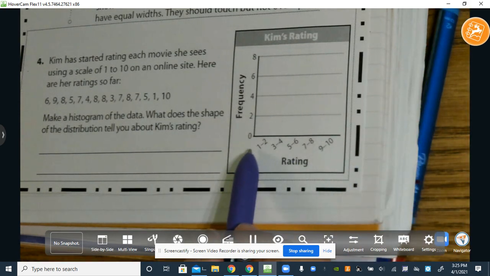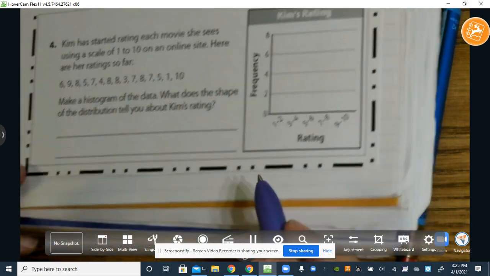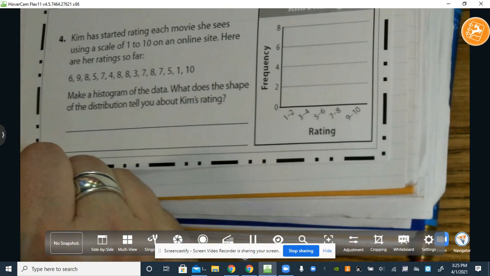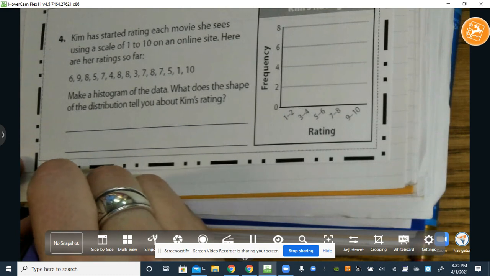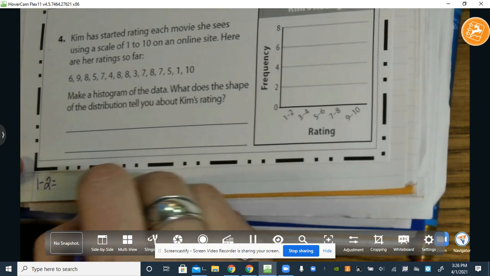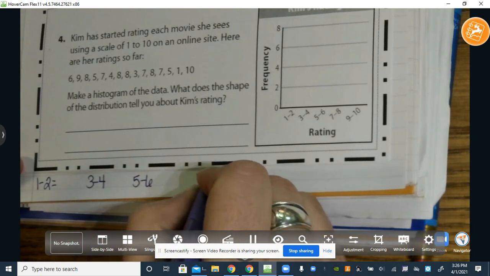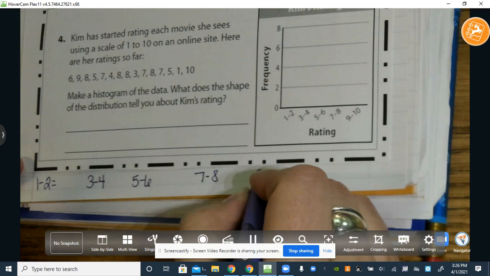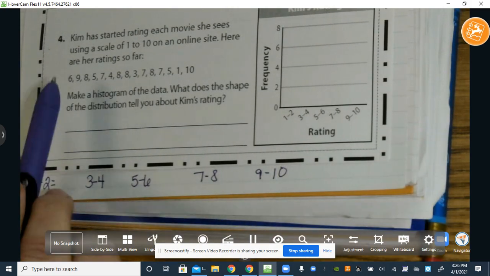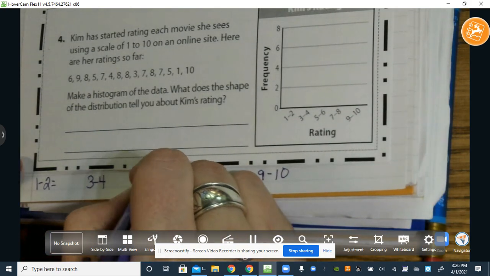Okay, so what I'm going to do is take these ranges and write them down here at the bottom of my paper. And I'm going to do some tally marks. So I'm using this range to kind of give me a number so I don't have to count. It was easier for us to do it like this. Then I'm going to look at my data and put a tally mark in whatever group they're in. So I have a 6, that's one tally mark.